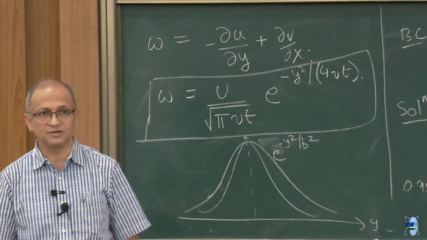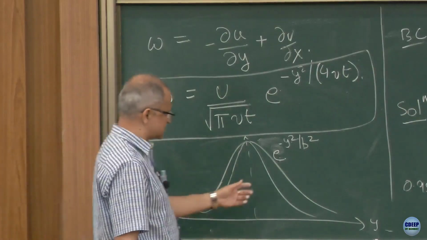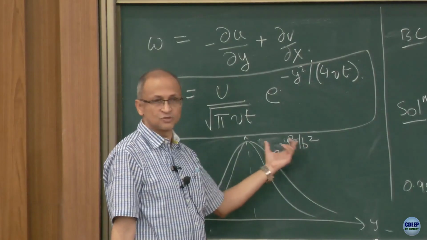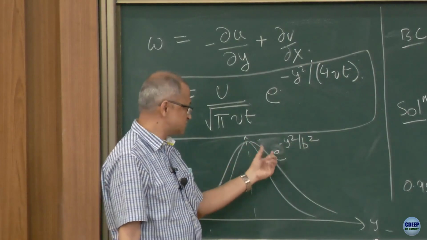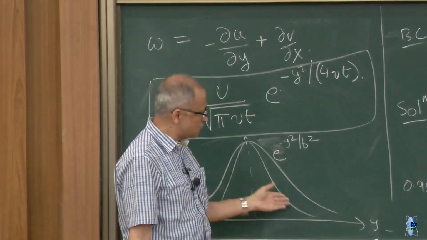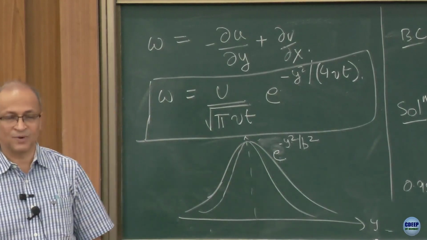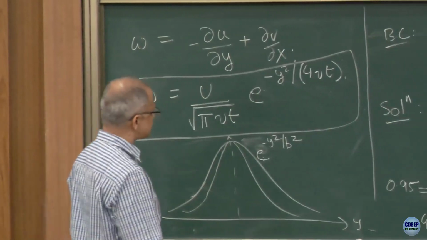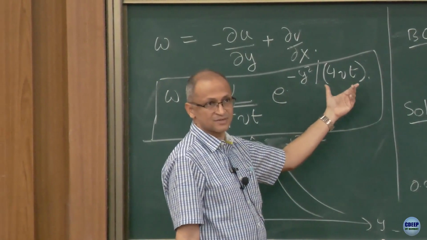By changing the value of b, I can adjust how fast it goes to 0. At y equal to 0, this parameter b does not do anything because the function is anyway 1, but how fast it goes to 0 as y tends to infinity is controlled by this parameter b.